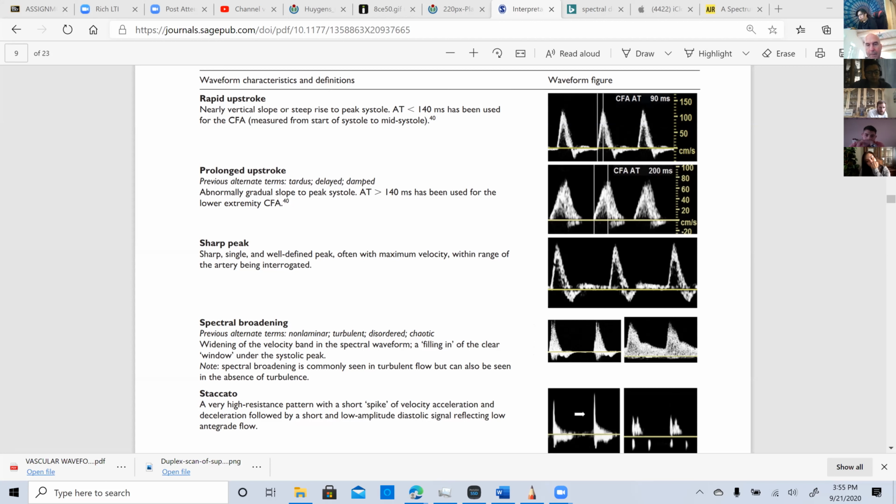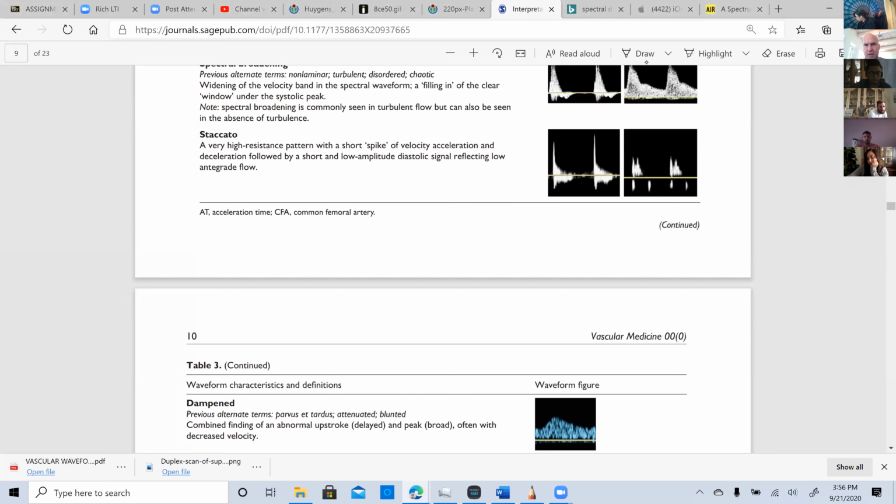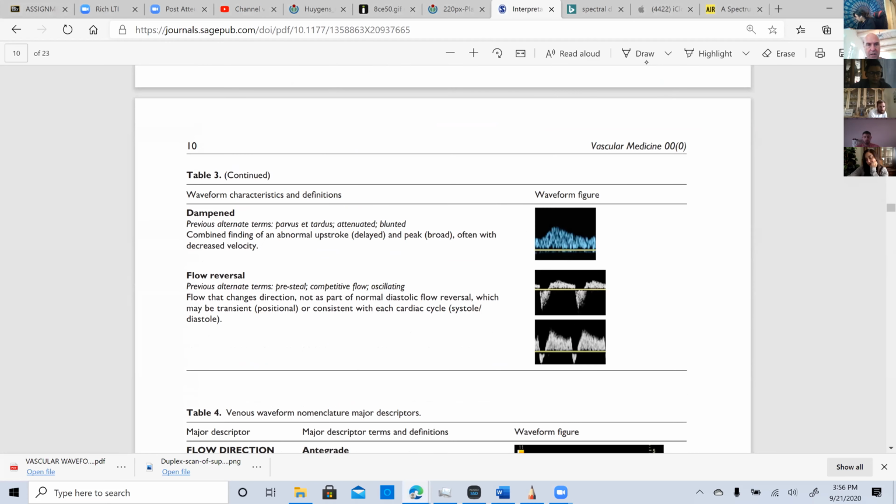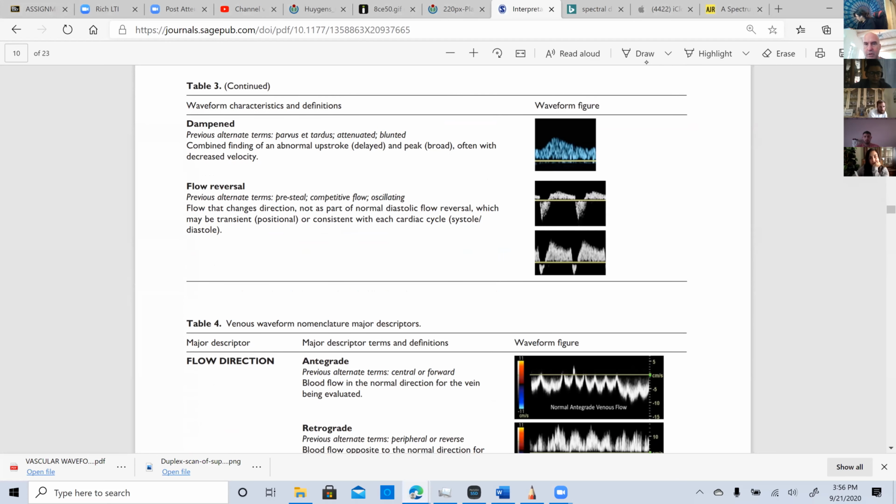This could be before an occlusion. So the artery is going boom. It's a sharp speed up and then immediately slow down because basically it's hitting a wall. So staccato could very well be an indication of an oncoming stenosis. That first one in blue is tardus parvus.